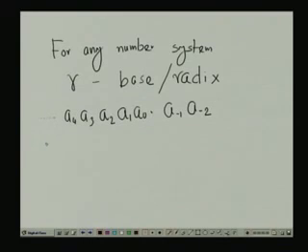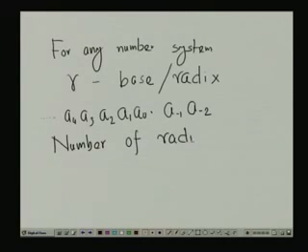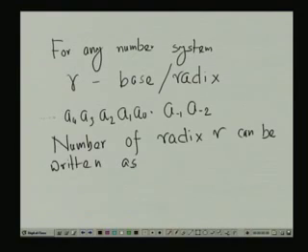Then the number of radix R can be written as, say I am representing this by N_R, and if we start from A4, the position is, here the position is 0, then 1, 2, 3, 4.